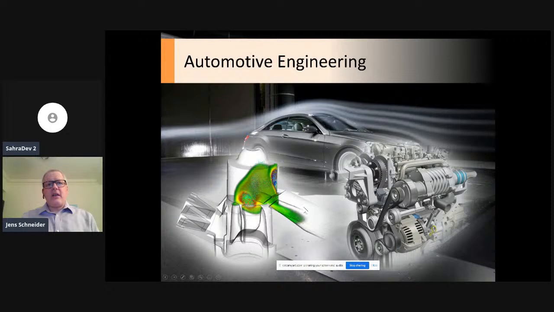Then you look at a color-coded visualization of that, and you try to see if the flow is right, if there is no fuel left unburned, or if there are too many soot particles that don't leave the engine. All these are bad effects. And so then you optimize for that.